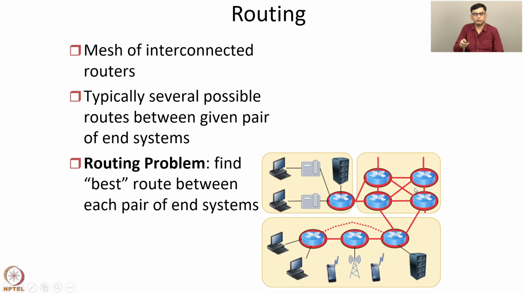Typically, there are several possible routes between a given pair of end systems. In this example, consider this end system, let's call it A, and this end system, let's call it B. We can see that there are several possible routes from A to B. One route is this.